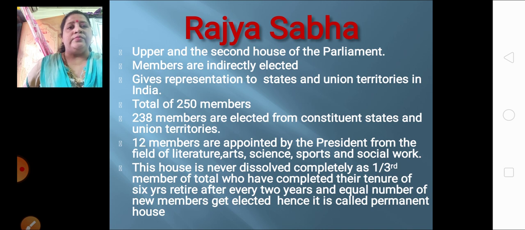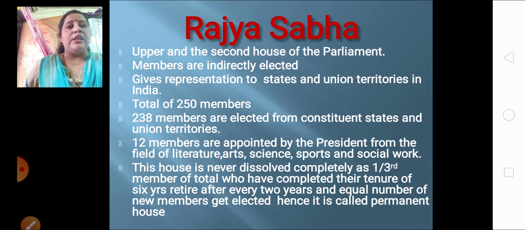Then, this house is never dissolved completely. After every 5 years Lok Sabha members are re-elected again and again, but this house does not get dissolved at all, does not come to an end. What is the reason behind that?